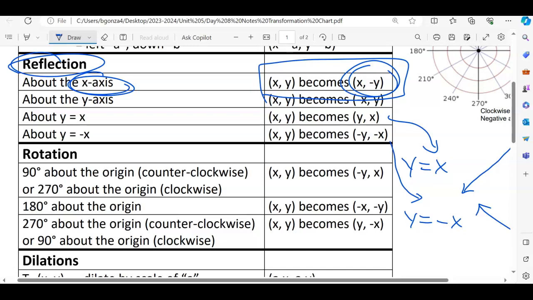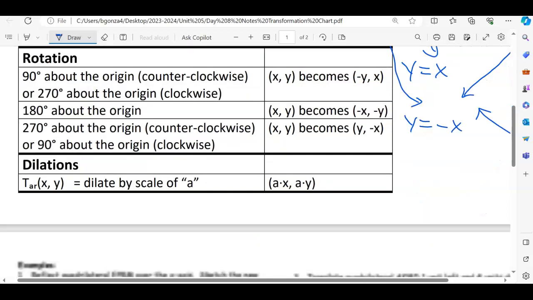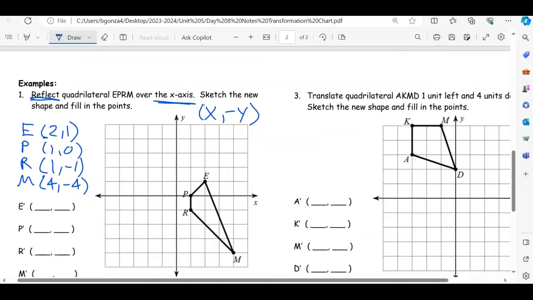X and y are in the same position. But the y has a negative. That's the only change, right? Which means you're just changing the sign of the y. Cool? So I'm going to make a little note here. You're going to change the sign of y.